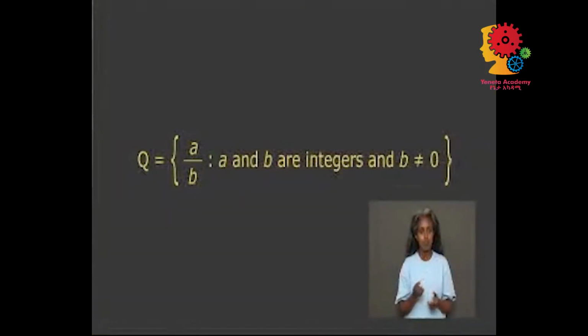More formally, we say that a rational number is any number that can be expressed in the form a over b, where a and b are integers and b does not equal 0.